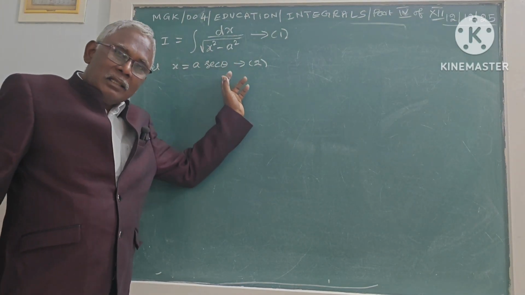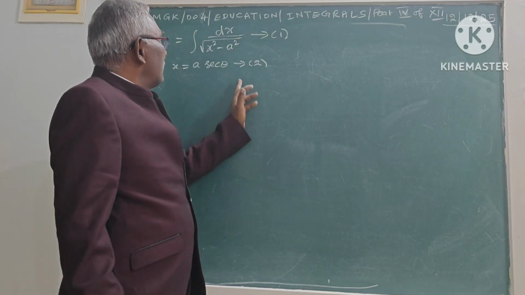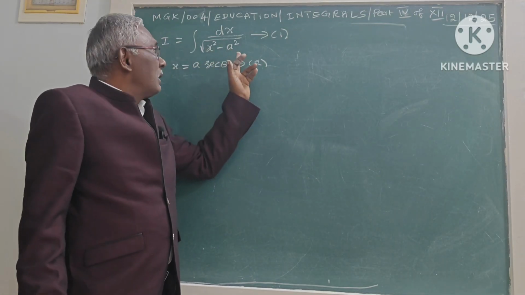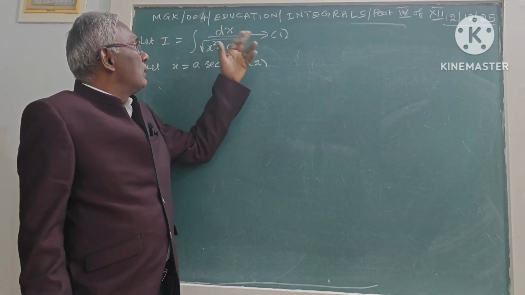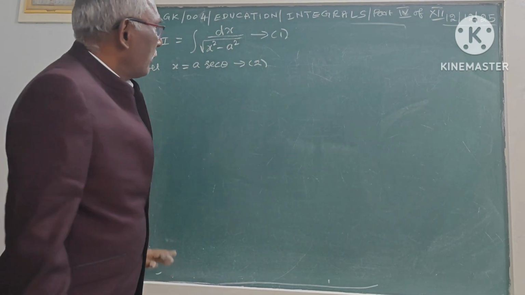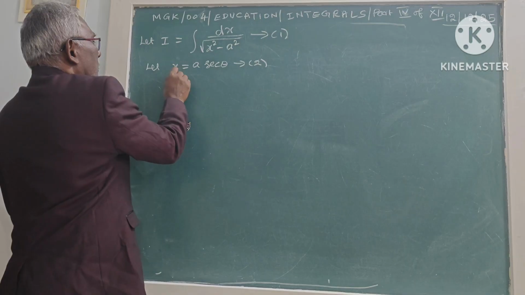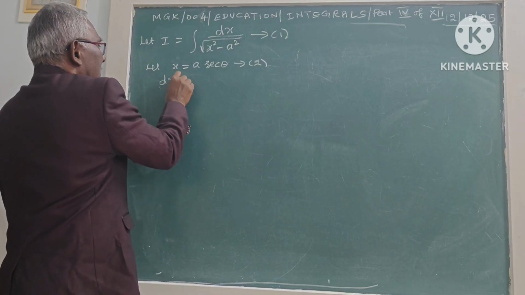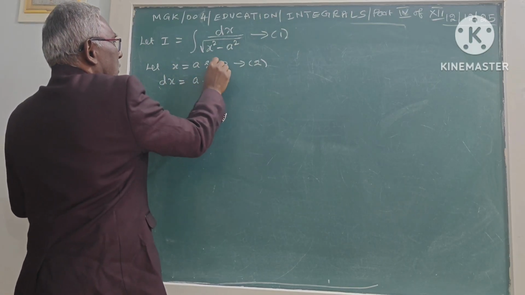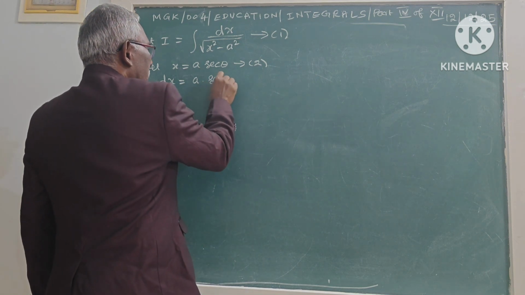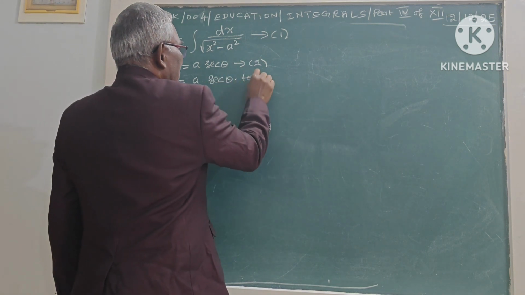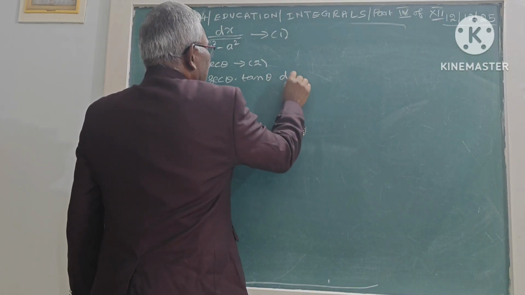X square is a square secant square theta. By taking a square outside, secant square theta minus 1 will come, that will become tan square theta. So it will come outside the square root. So this gives dx is equal to a secant theta tan theta d theta, since the derivative of secant theta is secant theta tan theta.